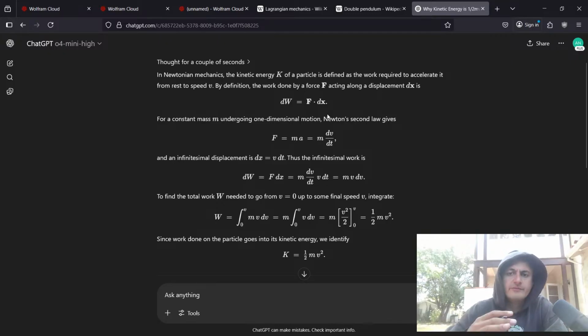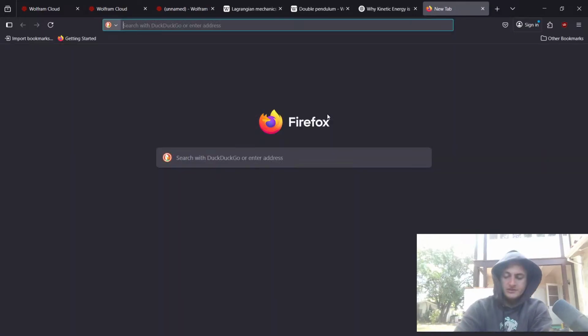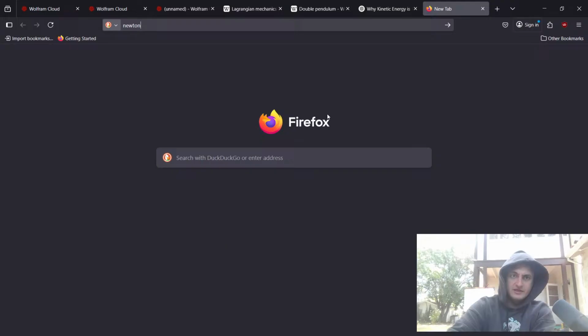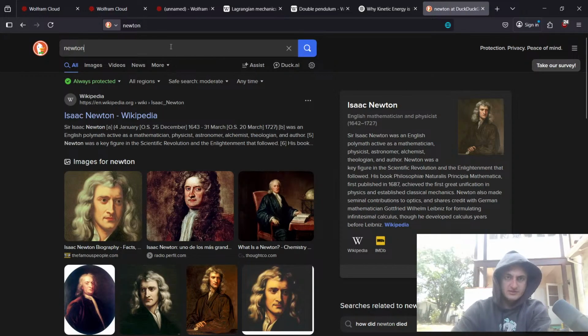Okay, so the thing to remember is that work is a quantity. I always got to go back to this. So first we got newtons. Newtons is equal to kilogram meters per second squared.